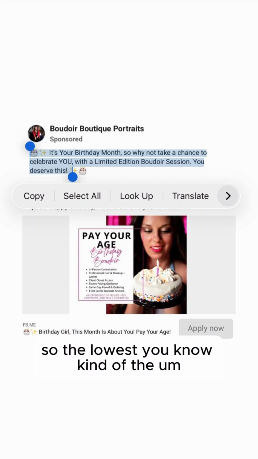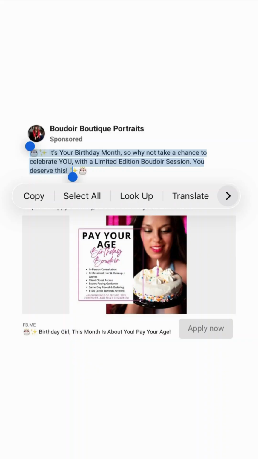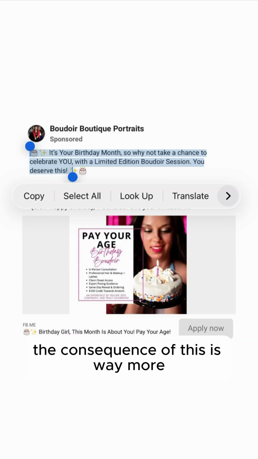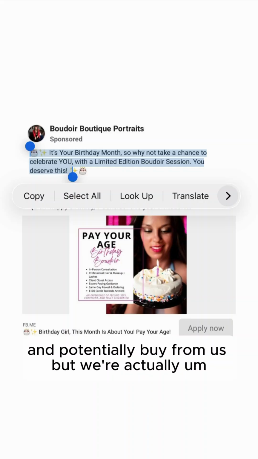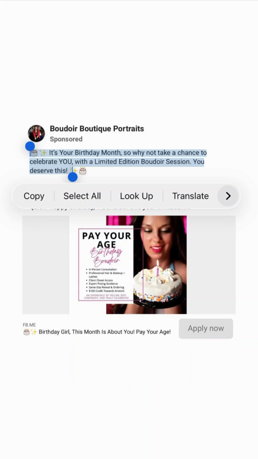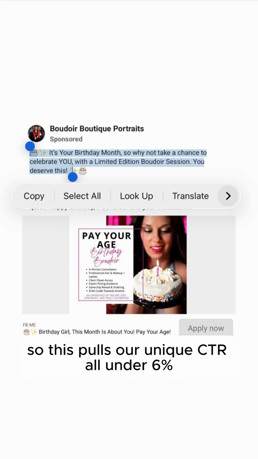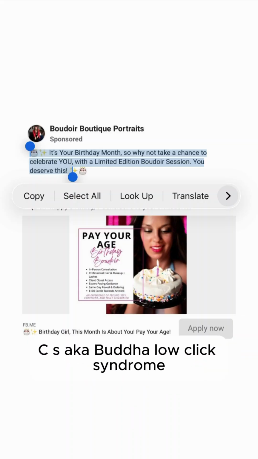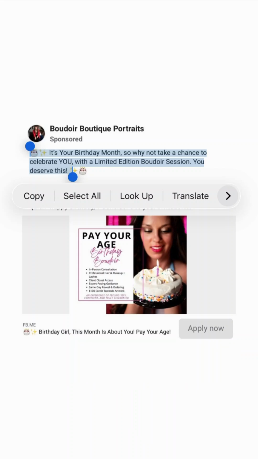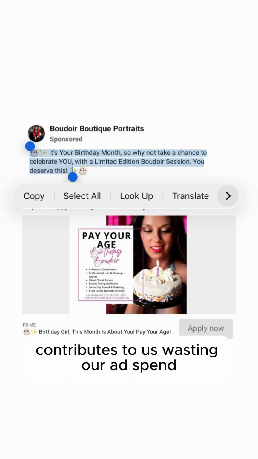The consequence of this is way more women are going to scroll by our Boudoir Facebook ad than necessary, women that could have been perfect to click in and potentially buy from us, but the way we set it up kind of forces them to keep scrolling on by. So this pulls our unique CTR under 6%, contributes to BLCS, aka Boudoir low click syndrome, and contributes to us wasting our ad spend.